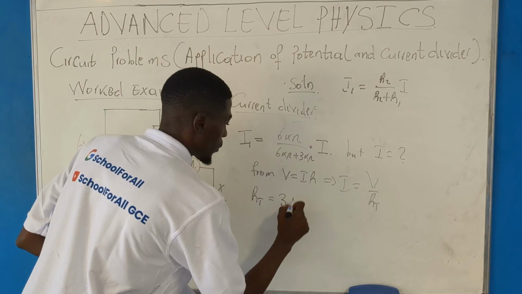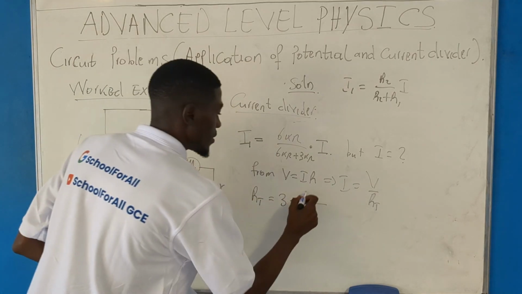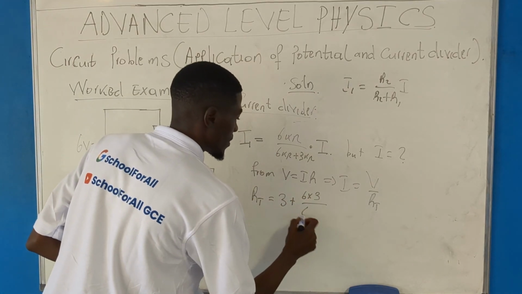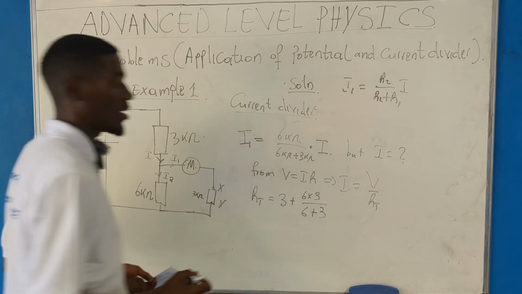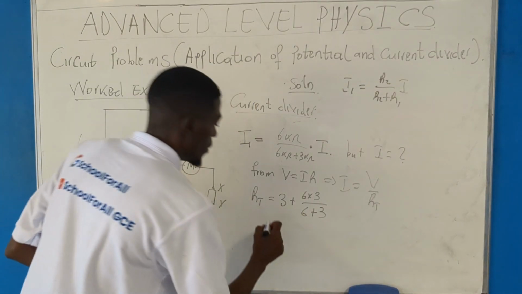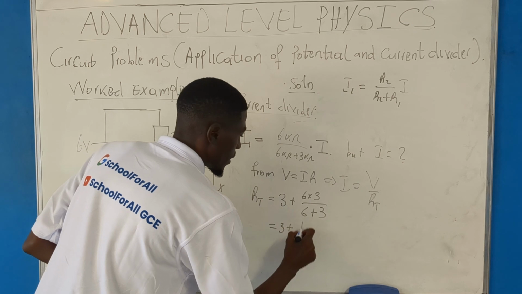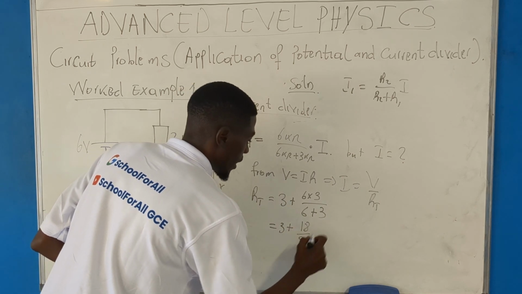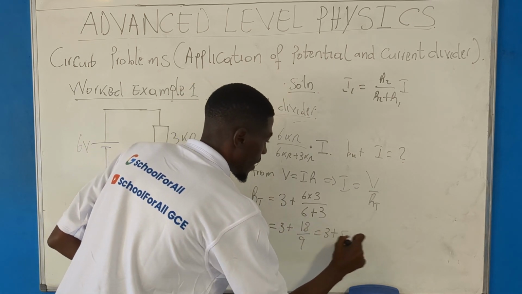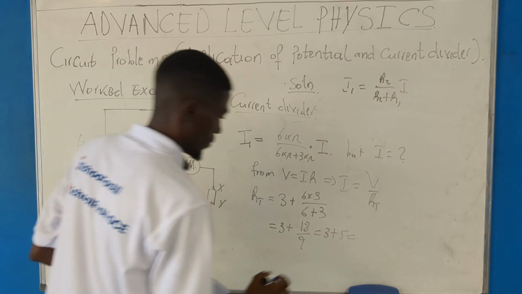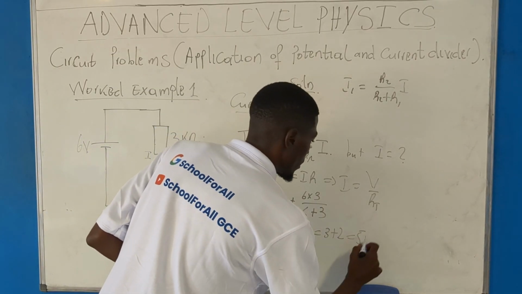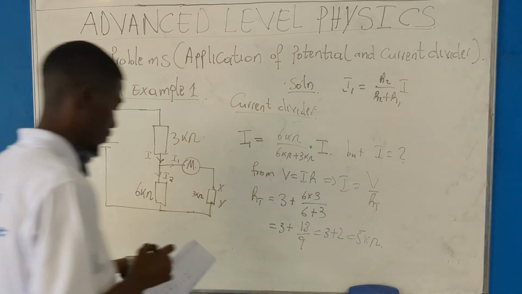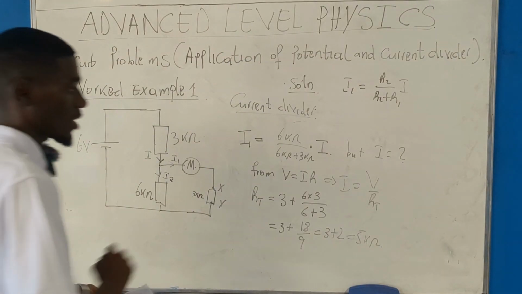So it will be 3 plus 6 times 3, all over 6 plus 3, parallel, product over sum. So it will be 3 plus 18 over 9, which is 3 plus 2, making 5 kilo ohms. So that is R total.